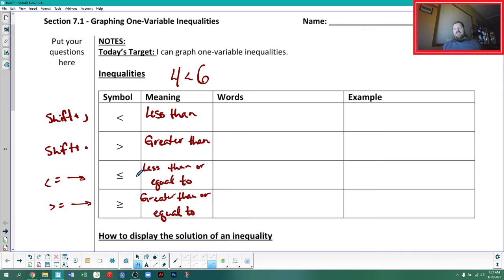So I want to talk about some other phrases that can mean these same operators, these same relations. A couple that we have for less than: you could say something like is smaller than. You could say fewer than.